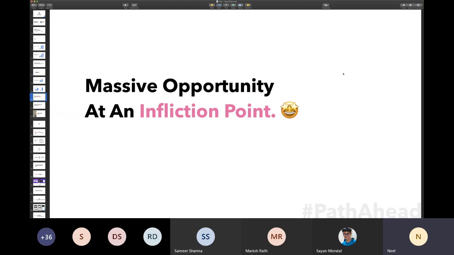It got so big only because of how much Indians actually actively participated in it. Most of the TikTok users are from India, and the scale that that particular company has achieved would never have been possible if India would not have been there to skyrocket it into that particular phase.